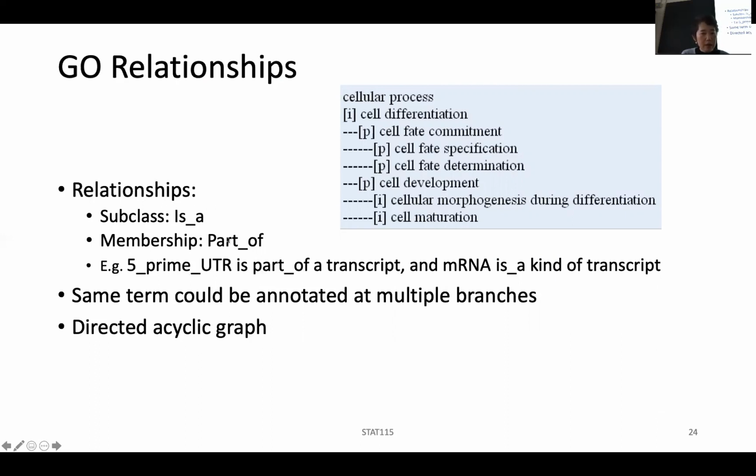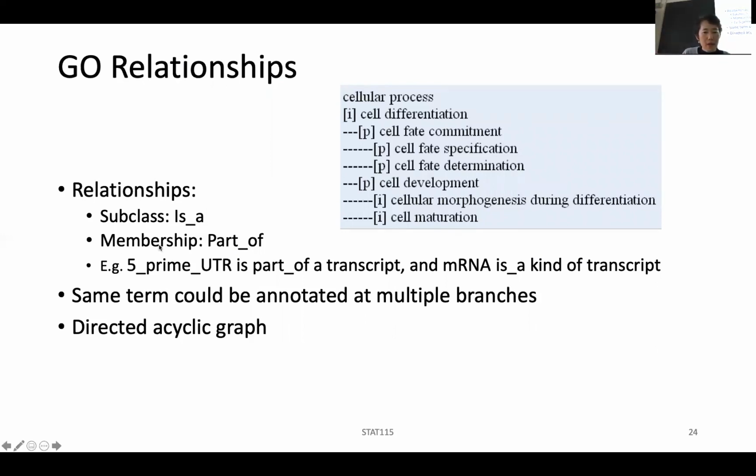The P means part of. For example, 5' UTR is part of a transcript. Or you can say in a protein complex, one gene is part of the complex, another gene is part of the complex, a third is another part of the complex, right?